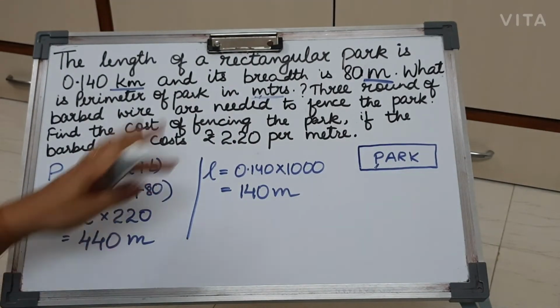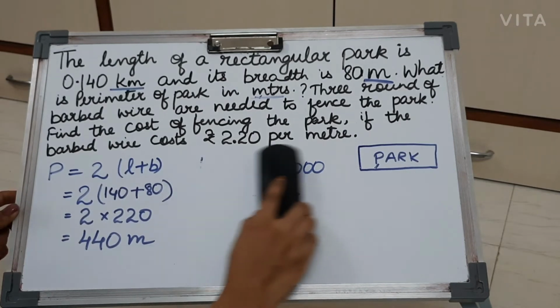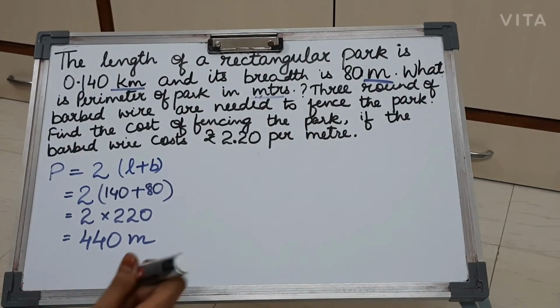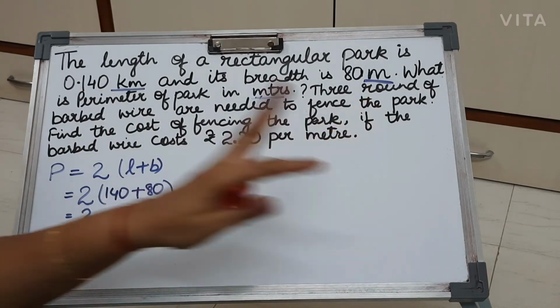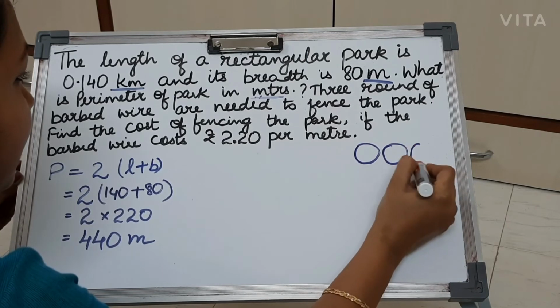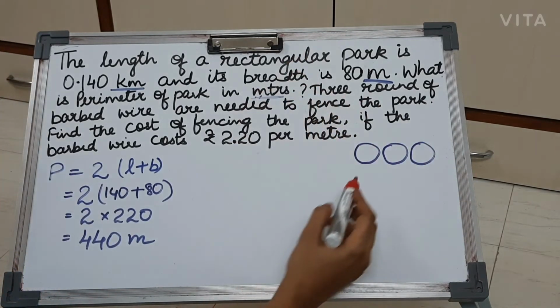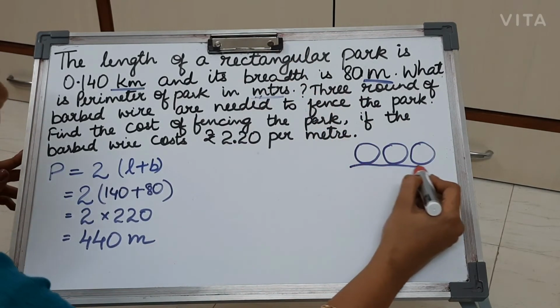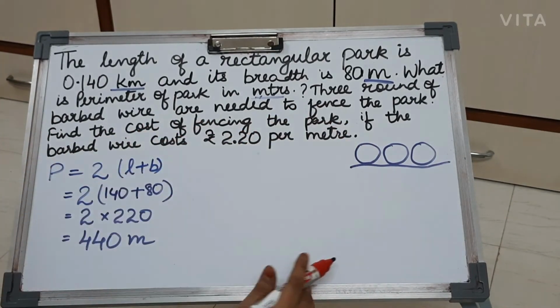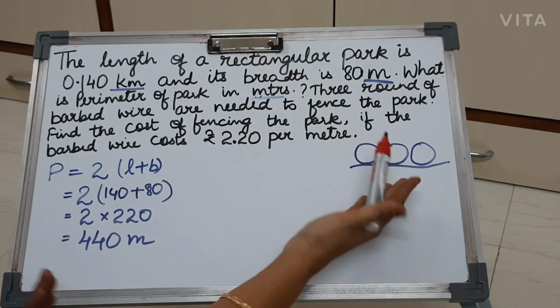Now coming towards the next part of this question. 3 rounds of barbed wire are needed to fence the park. Now it is what? 3 rounds of barbed wire is there. This is just to confuse. This relates to the quantity of the wire. How many rounds are there, how much wire is there, we are not concerned.